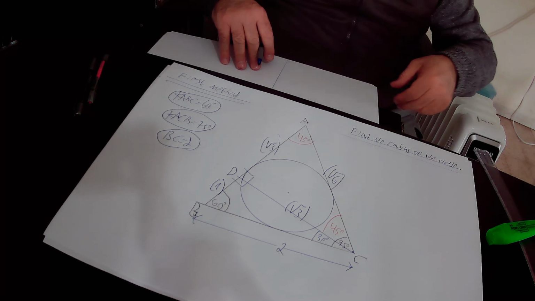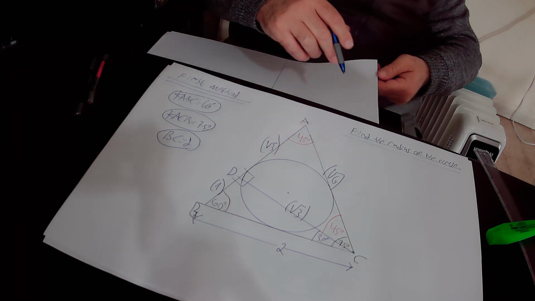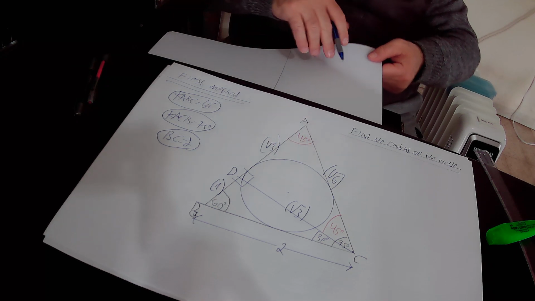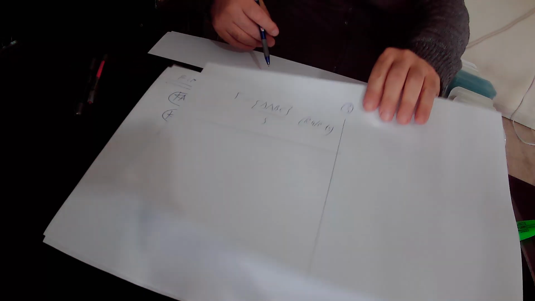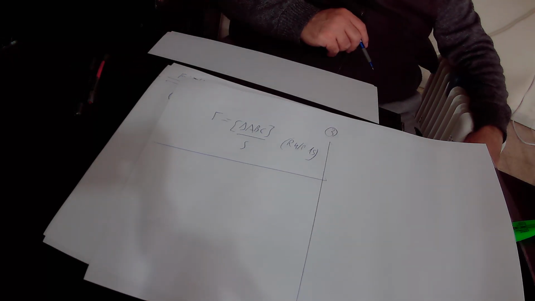According to rule number 15, the radius R of this circle inscribed in triangle ABC equals the area of triangle ABC over the semi-perimeter of the same triangle.